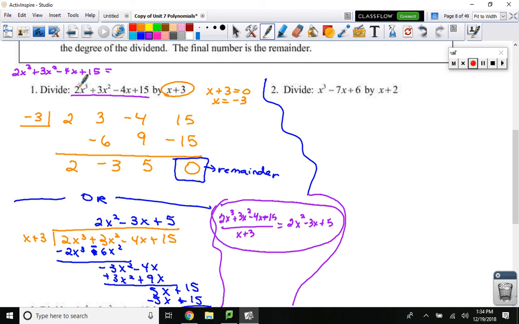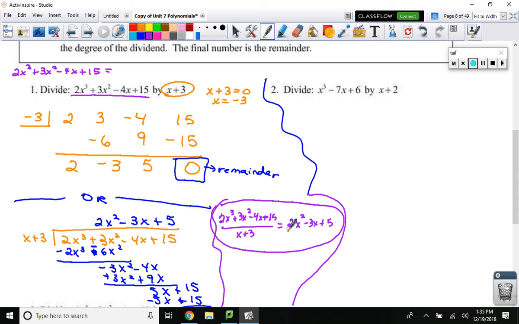We did it with long division the other day. How can I rewrite that in a different format? Oh, okay, the quotient. You could write that with two multiples, right?